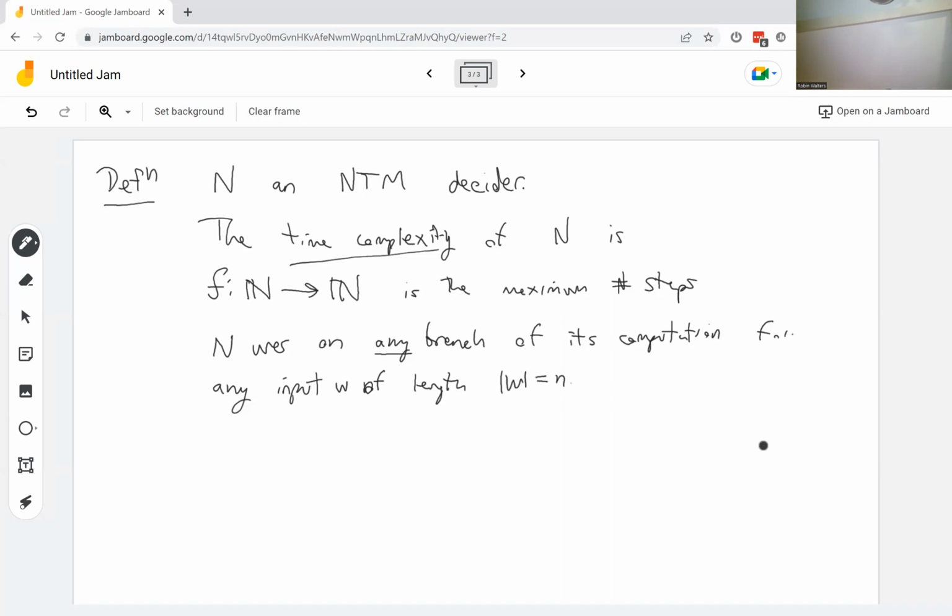So before we had that this was the max over any input, now it's the max over any input and any branch.